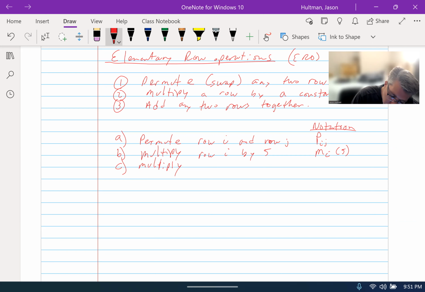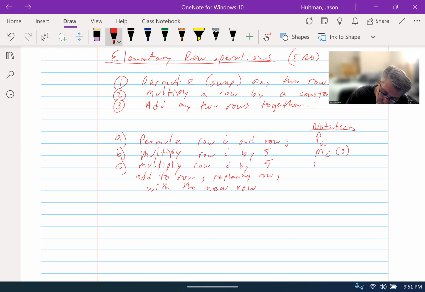Okay. Row I by a constant, we'll just call it 5 in this case, and add to row J. And we want to replace row J. Replacing row J with the new row.